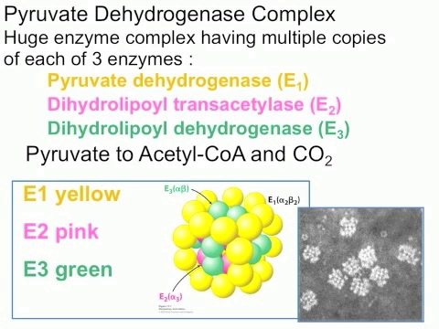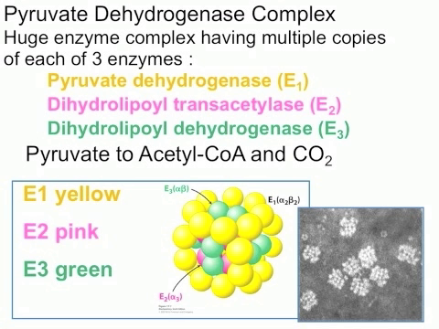The enzymes are E1, E2, and E3. Now, these are not the same ones that we saw with ubiquitination. However, they were referred to as E1, E2, and E3 just for purposes of brevity. The actual name for E1 is pyruvate dehydrogenase. The name of E2 is dihydrolipoyl transacetylase.